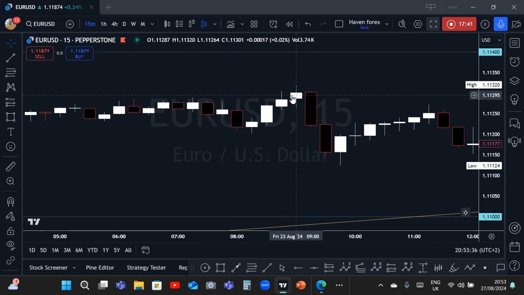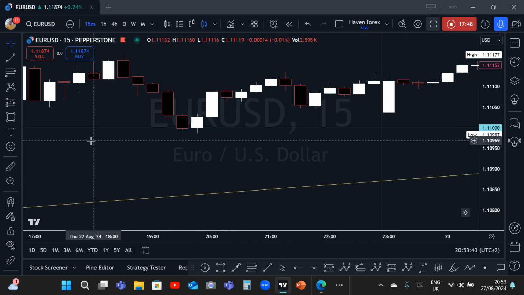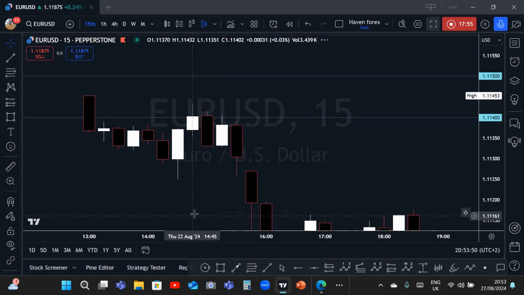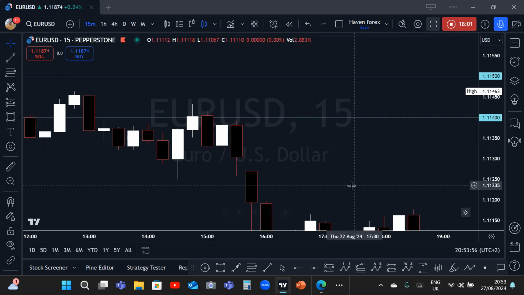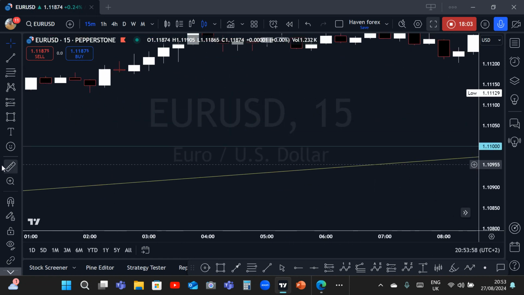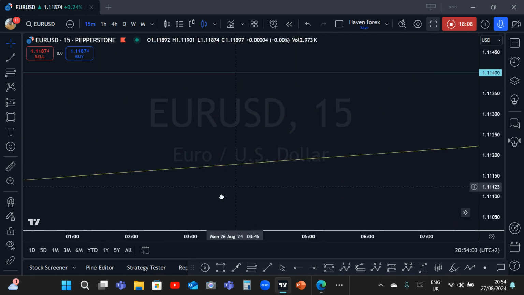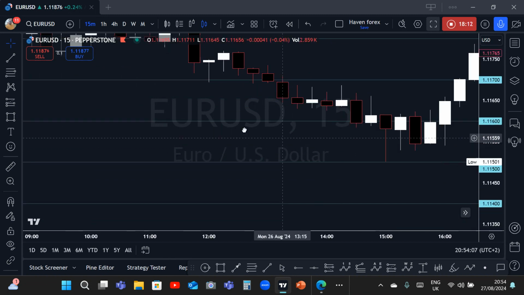Look at the formation here and price starts to roll down. Look at it, price starts to push up. Anytime you see the formation here, you know that price is preparing to reverse to the opposite direction. So guys, it's like that.